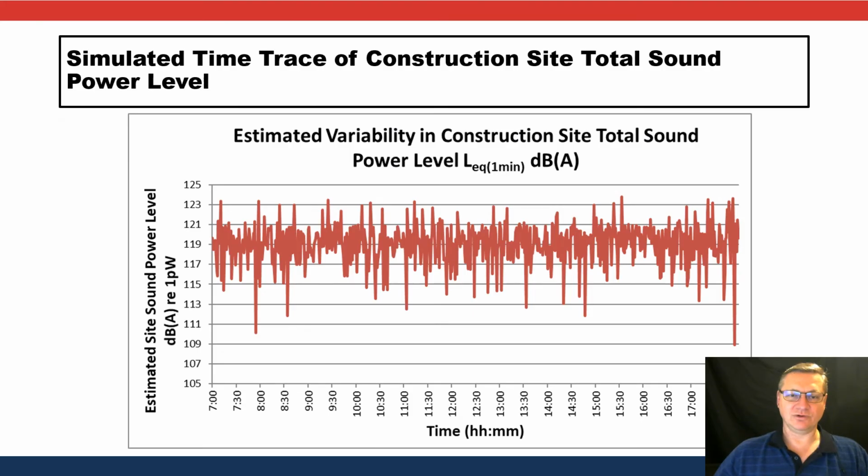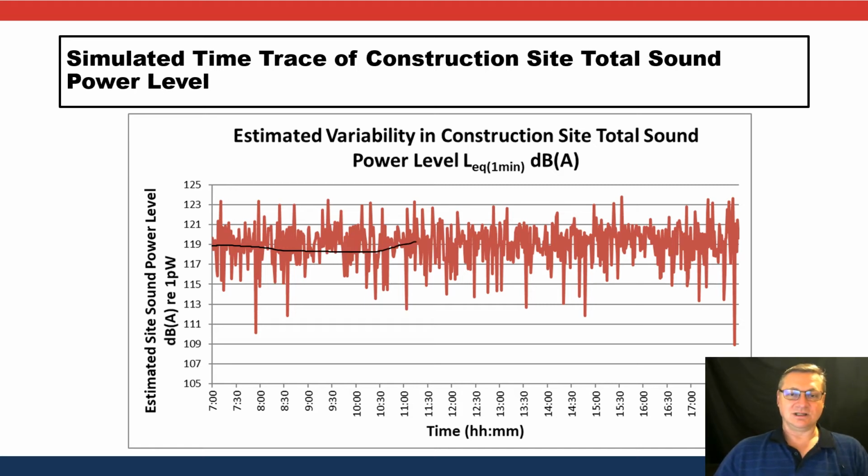So now if you plot the total sound power level of all of the combined noise sources that are on at any moment in time, you get a chart that looks a little bit like a timeline. So this is not a timeline, but you could consider it to be one.